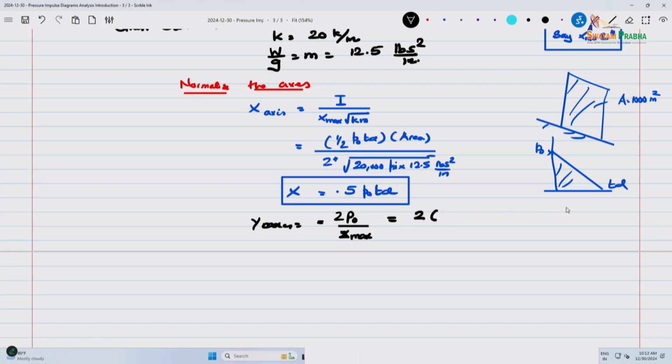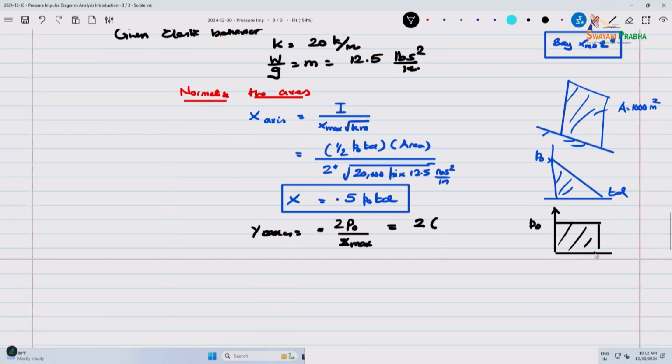Now the P naught versus x, remember, is often considered, so that is P naught versus x, not P naught versus TD. So this is P naught multiplied by the area divided by 2 inches.